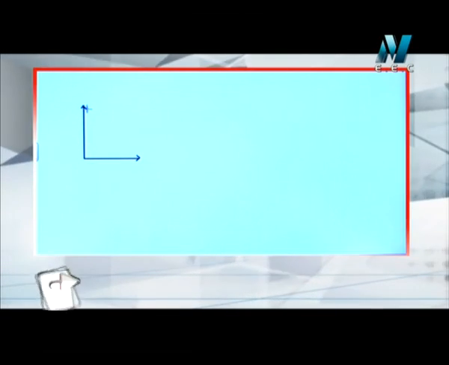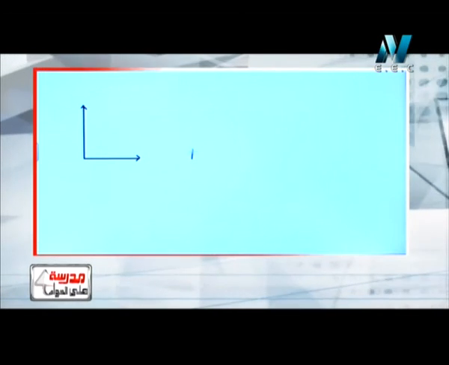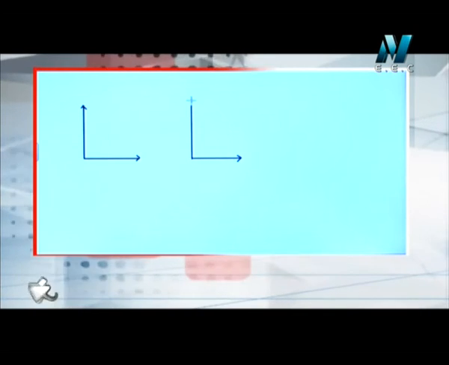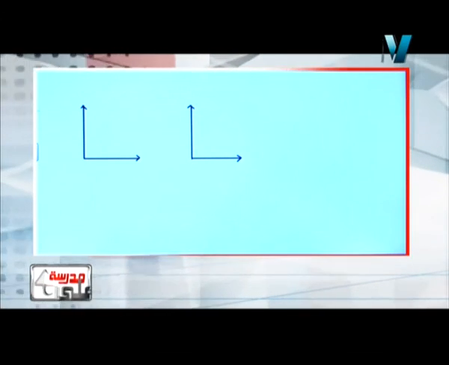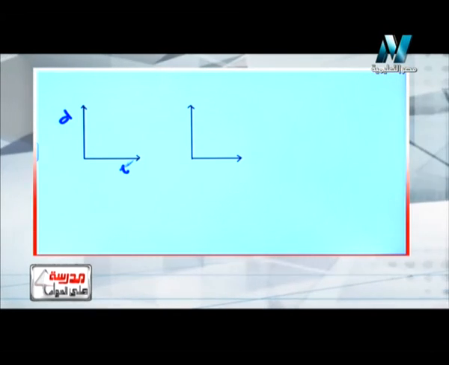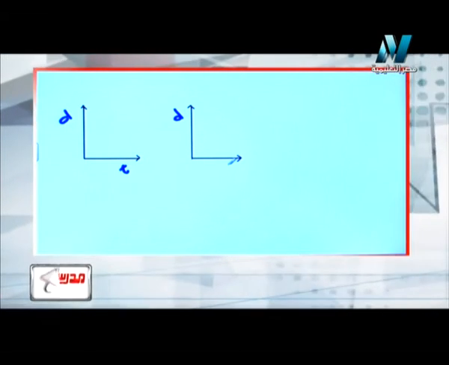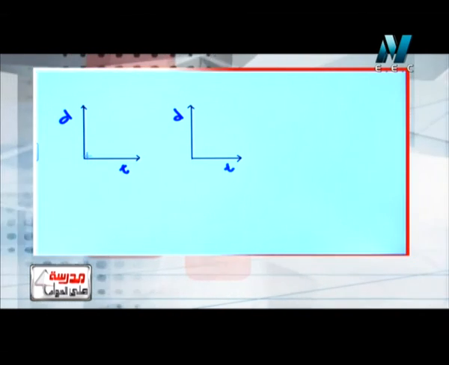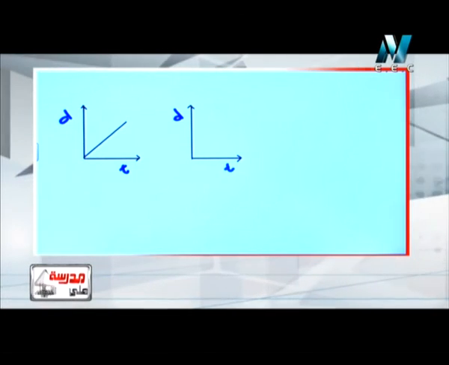Here we have distance and time, but here we talk about uniform, and here we talk about non-uniform, or regular and irregular. If we draw a straight line passing through the origin point, here we talk about uniform speed.